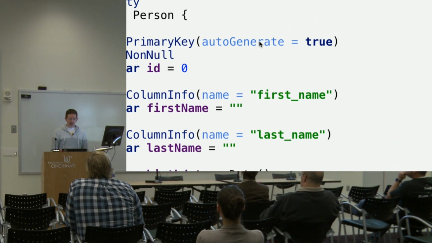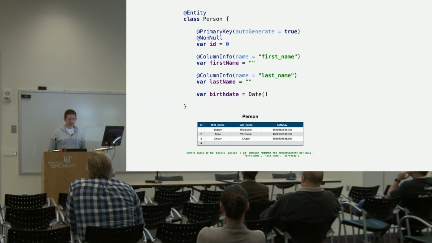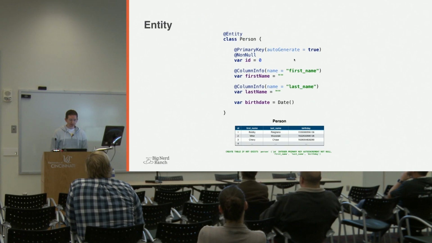And it turns out all Room does is really just wrap calls to the database. So the database is doing all the work here. Anyways, that's how you would use the auto-increment feature of SQLite, just by turning it on here. And you can see here too that we can also enforce that the key is not null, and this can be done with a standard non-null JSR annotation.